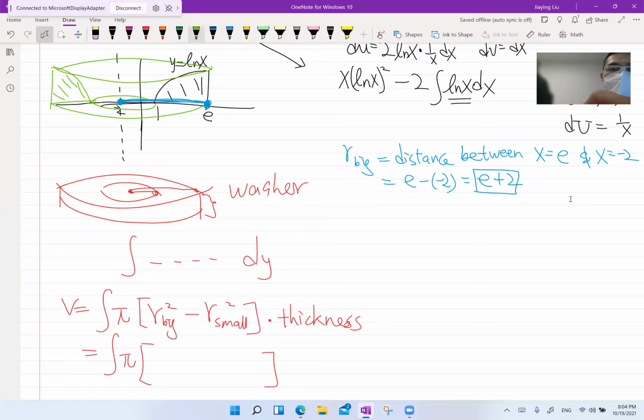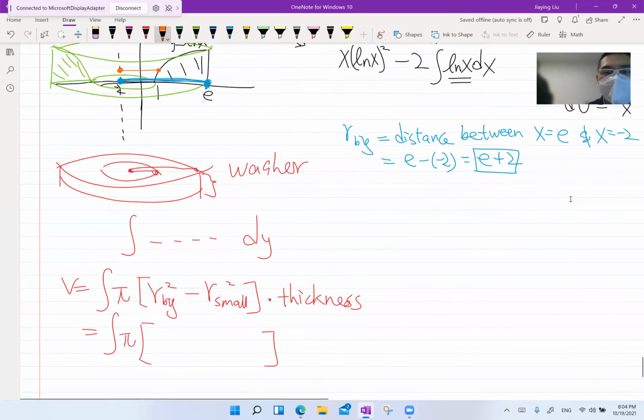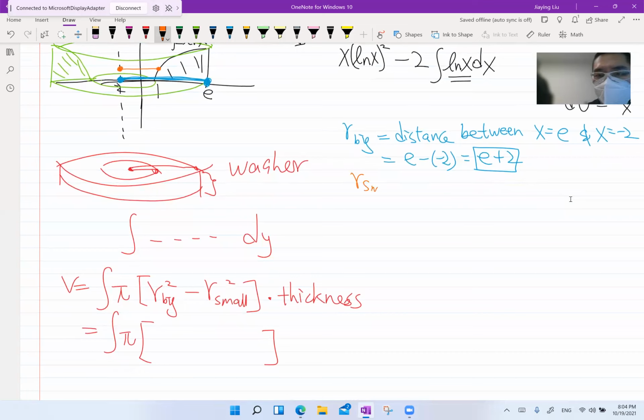Now, what about the small radius? The small radius, again, is from the axis of rotation, go all the way to the inner part of the solid, I guess the part that's being removed. So r small is equal to the distance between, well, this x value.